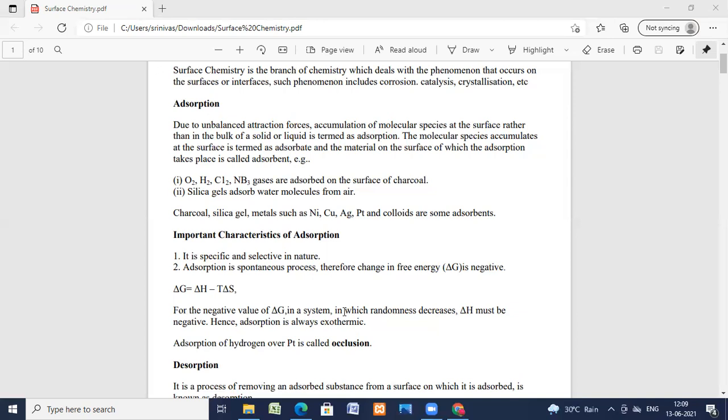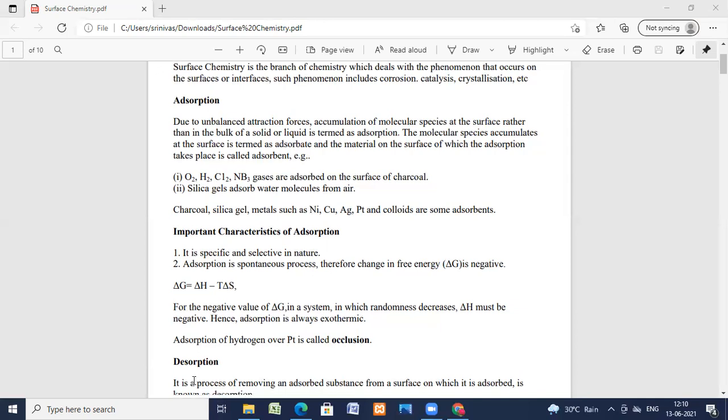So delta G is equal to delta H minus T delta S. For the negative value of delta G in a system where the randomness decreases, delta H must be negative. Hence, adsorption is always exothermic. Adsorption of hydrogen over platinum is called occlusion.